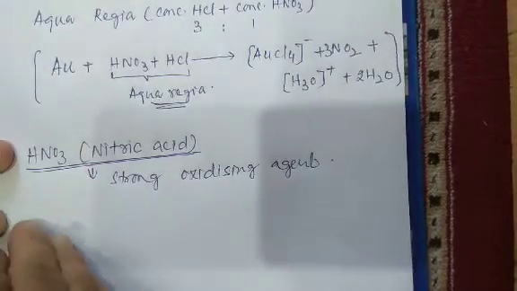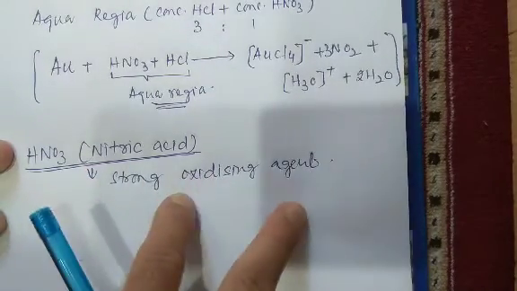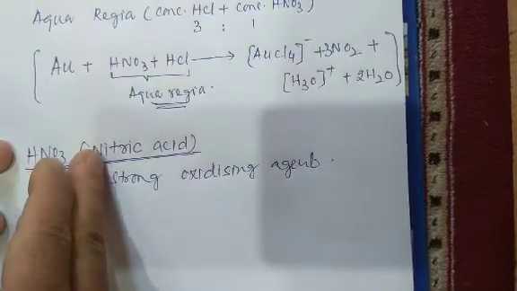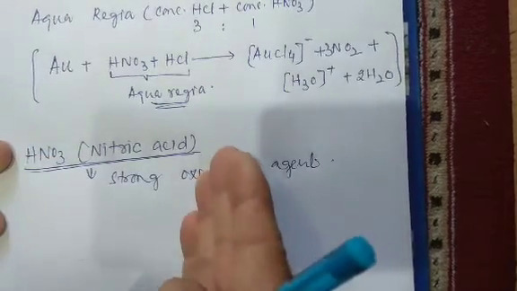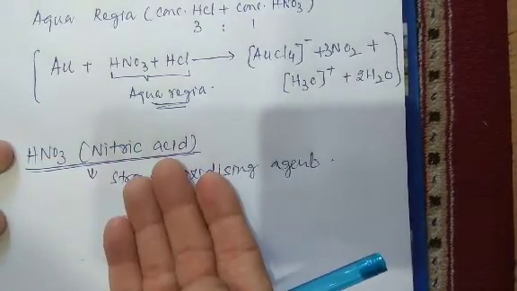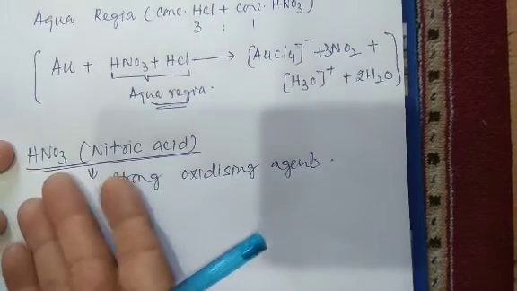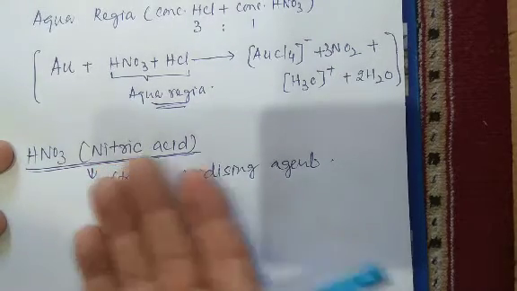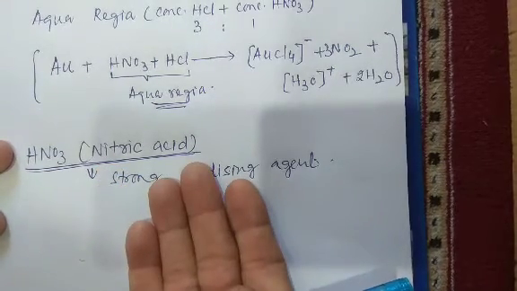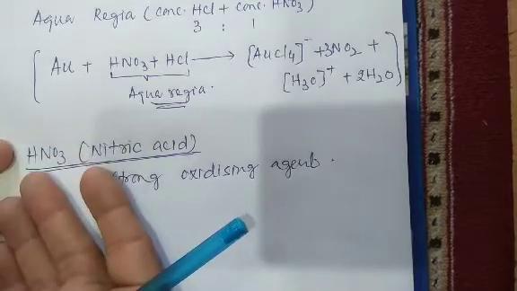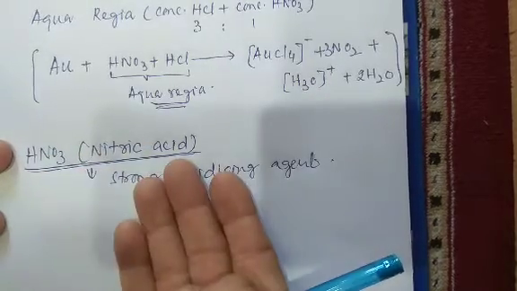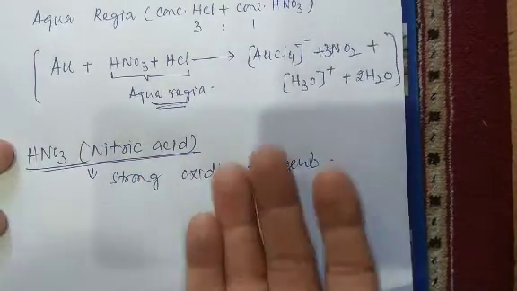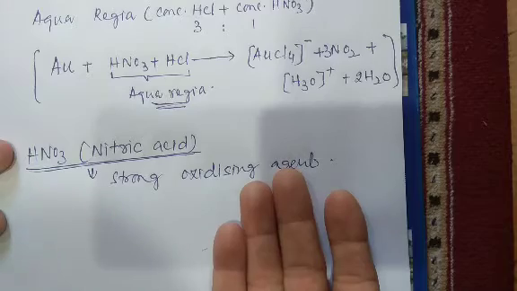It oxidizes the hydrogen when the reaction occurs between a metal and a dilute acid, as you have seen in the case of magnesium plus dilute hydrochloric acid. What was formed there? A salt was formed with the liberation of hydrogen gas.